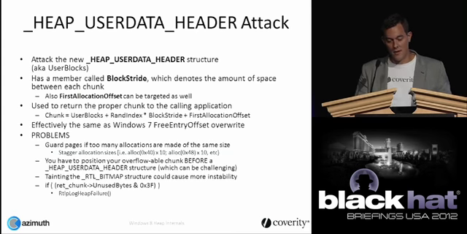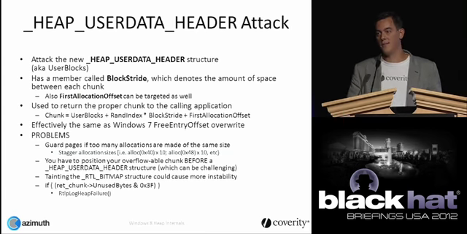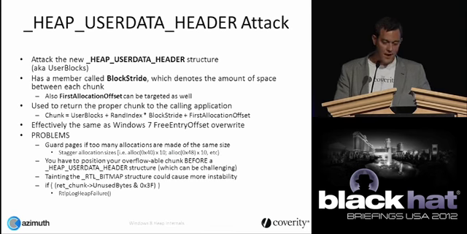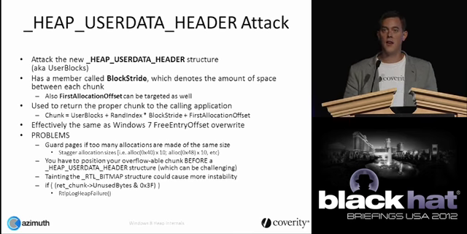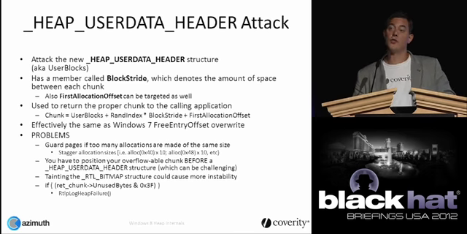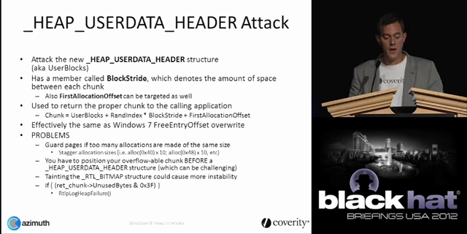On to the next one, the exploitation technique that I think can be viable. We talked before about how that heap user data header structure contained a first allocation offset, where to start the allocations, and BlockSize, which is a 2-byte integer that told you how big the chunks are, right?